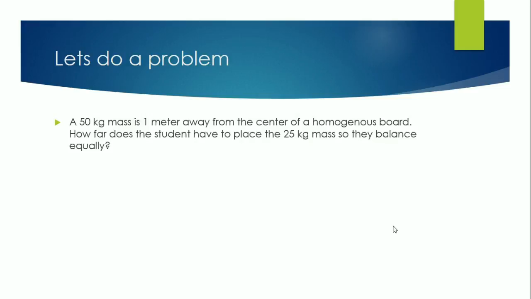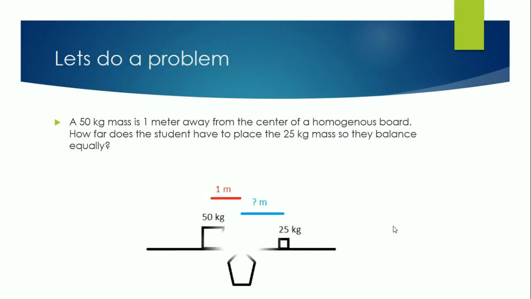A 50 kilogram mass is 1 meter away from the center of a homogeneous board. How far does the student have to place the 25 kilogram mass on the other side so that they balance equally? To do this problem, I'd first suggest drawing an image of what you're doing.